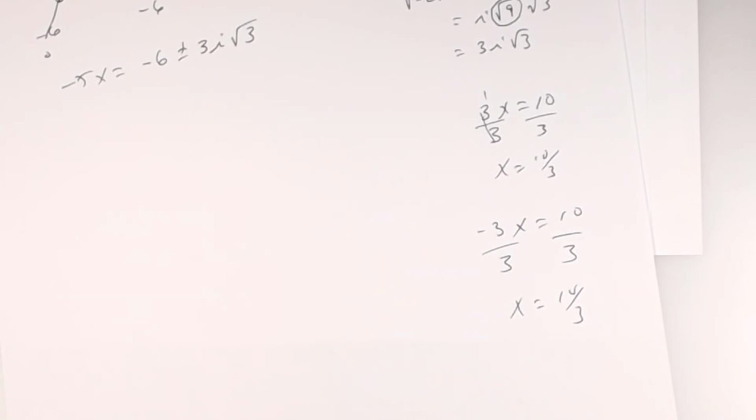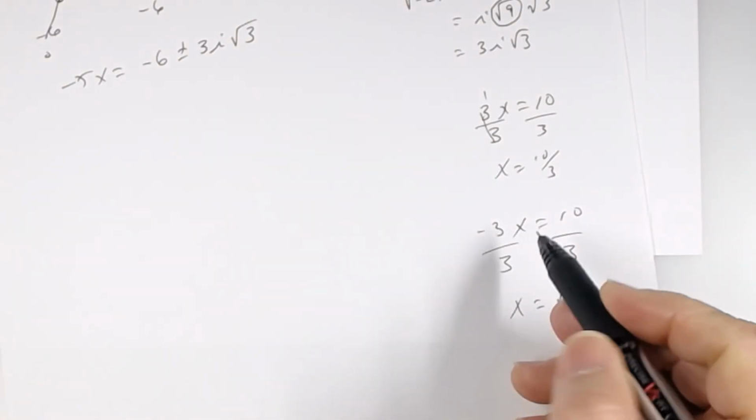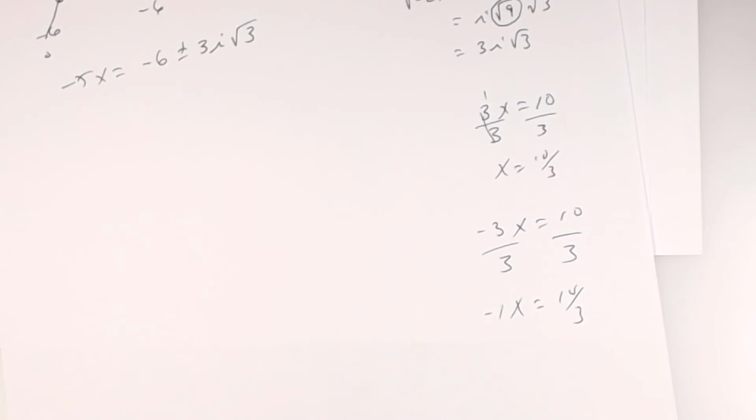The issue is this: that's not an x I'm left with. That's a negative x. Negative 3 divided by 3 is a negative 1. So at that point, you would have to divide both sides by negative 1.